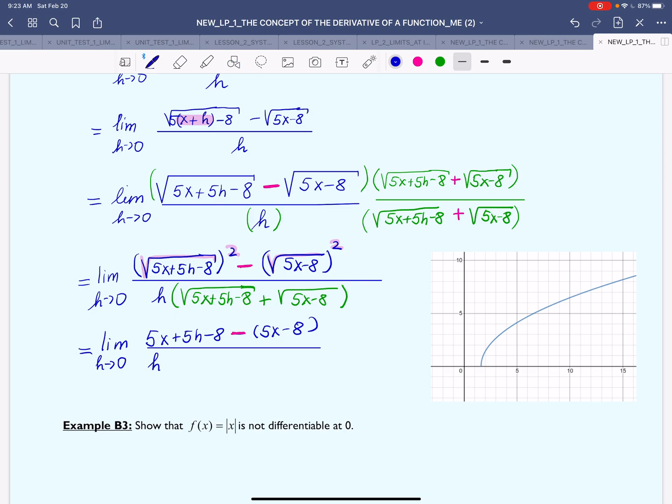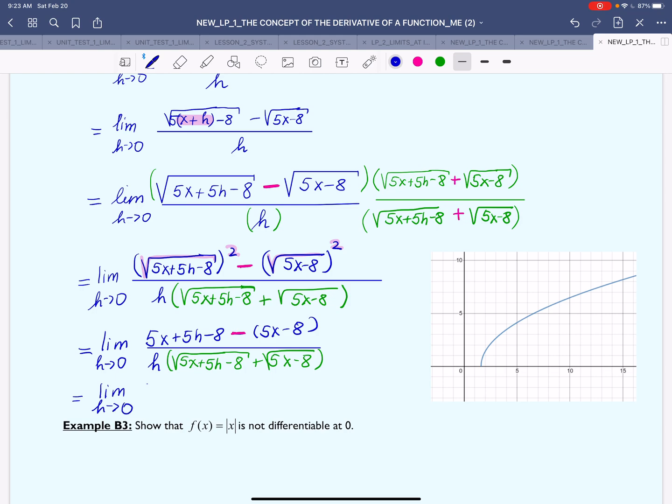So down here we have h, and we still have this conjugate. We're just going to let it sit here for a while until we reach the end of the limit evaluation here. So root of 5x minus 8. And we can simplify a little bit more now. So limit as h approaches 0.